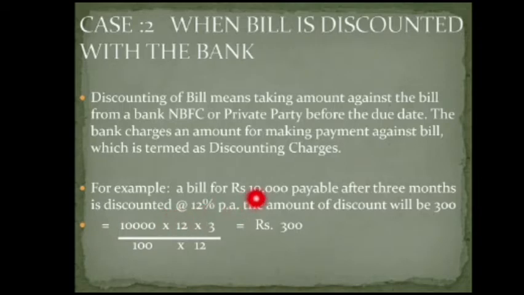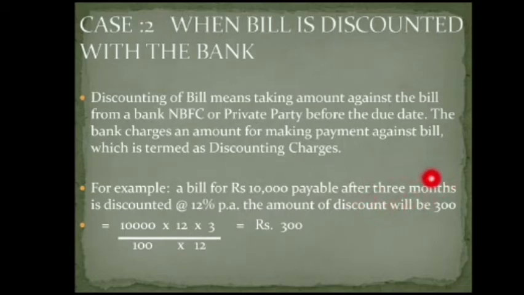What is the amount of the bill? The amount of the bill is 10,000. So you have to write that first, into the rate of discounting the bill, which is 12%. So you write 12 divided by 100, into the period for which you have to wait for the bill to mature.